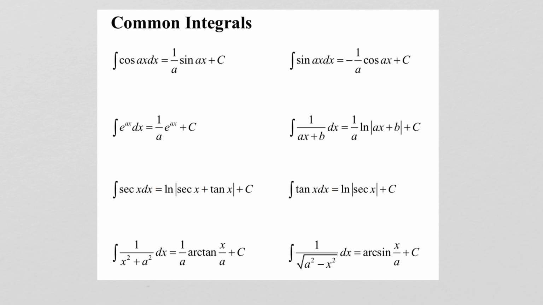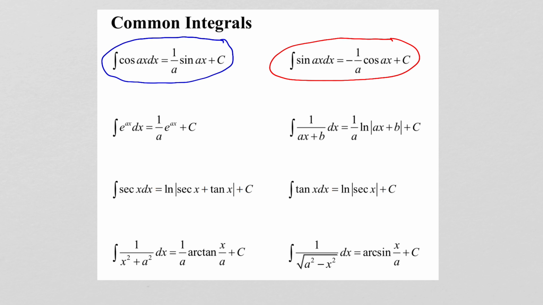So let's look at the very first one here. The integral of cosine of ax dx is 1 over a times the sine of ax. And if you look at the second one, it's very similar. The integral of sine of ax is negative 1 over a cosine of ax. So why are these true? Well, let's take a look.